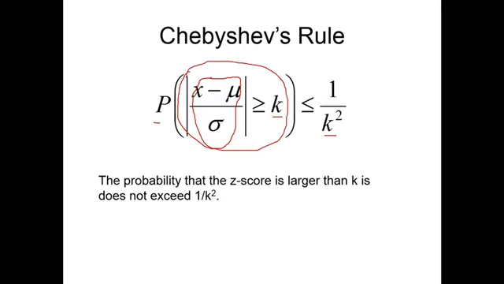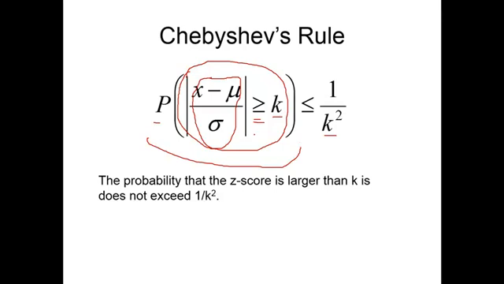What is that guy? This guy is the absolute value of the z-score, and we're saying that it's greater than or equal to k. So this is the event that the absolute value of the z-score is bigger than the number k, and this is the probability of that event.